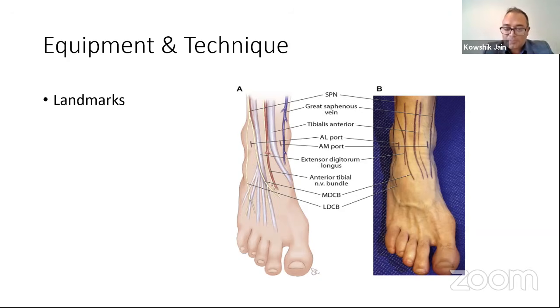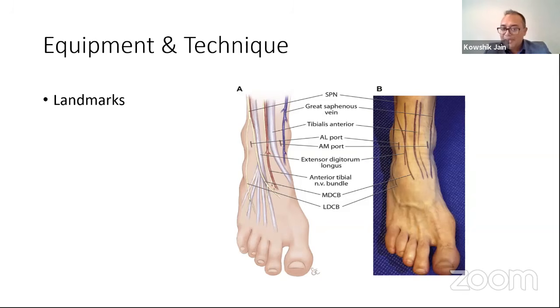Before you make this portal, it is mandatory that you mark out the superficial peroneal nerve. We all know that the superficial peroneal nerve is variable in its course. So the easiest way to mark it is to plantar flex and invert the ankle, and hold on to the fourth toe and bend it down.